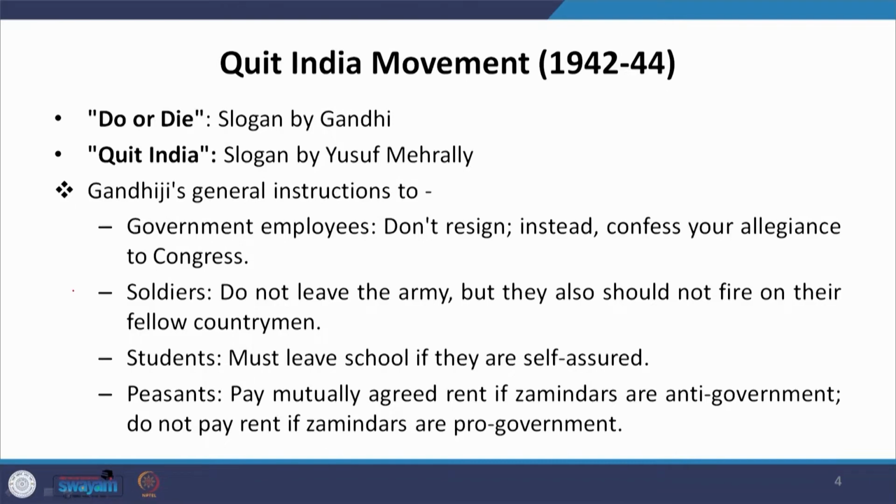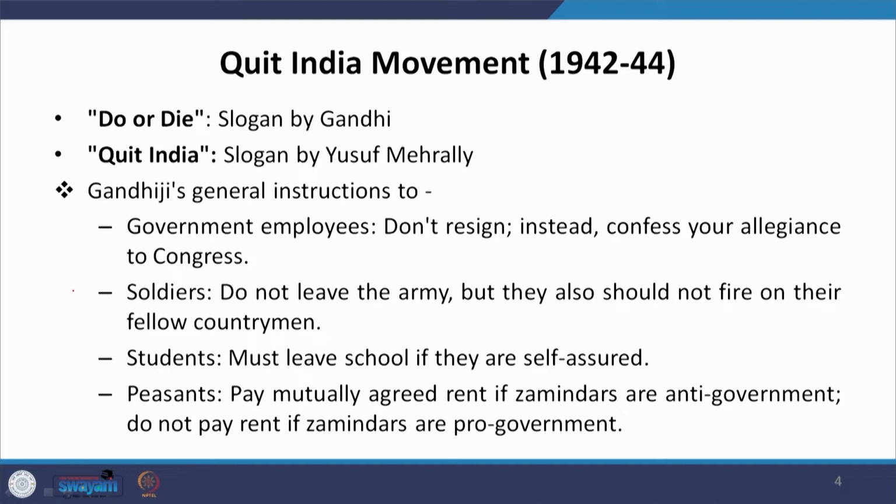To the government employees, Gandhi would say that don't resign, instead you should confess your allegiance to Congress. Similarly to the soldiers, he would say do not leave the army, but rather one should, as a soldier, not fire on their fellow countrymen.